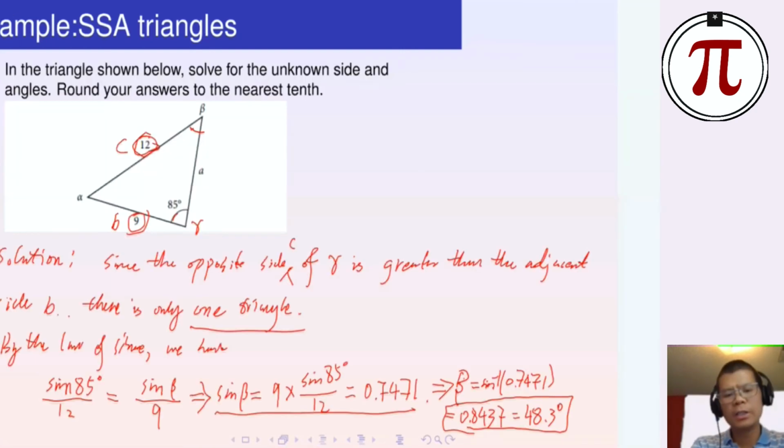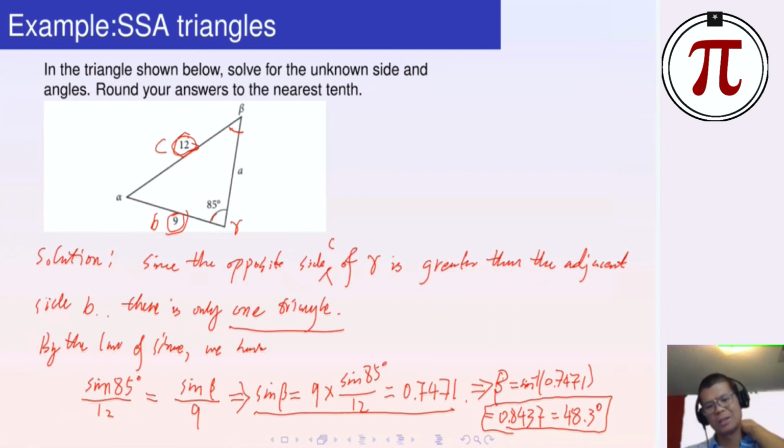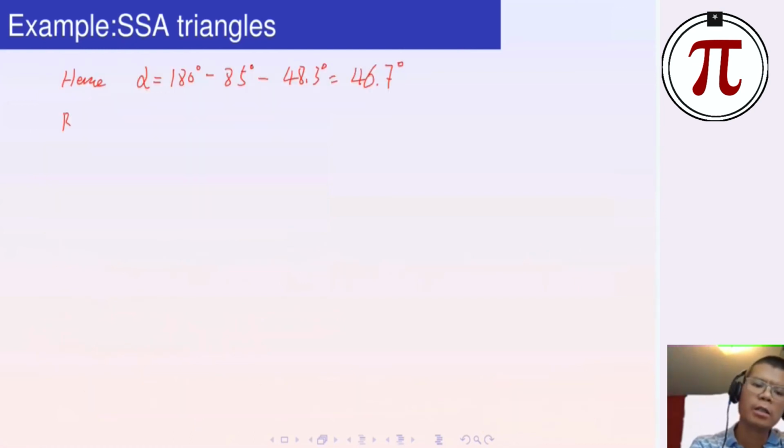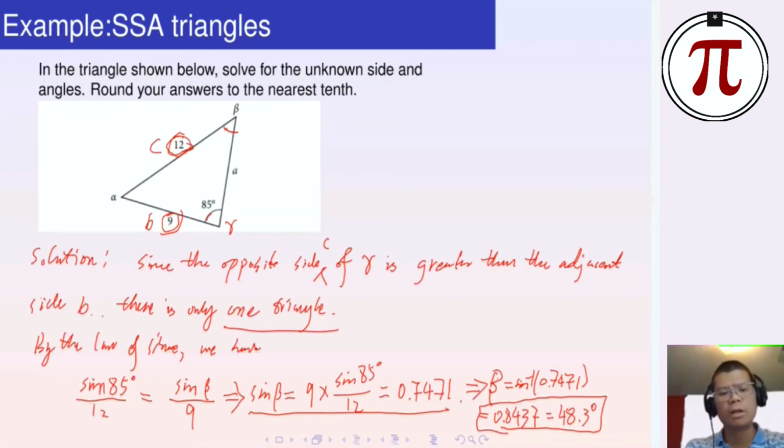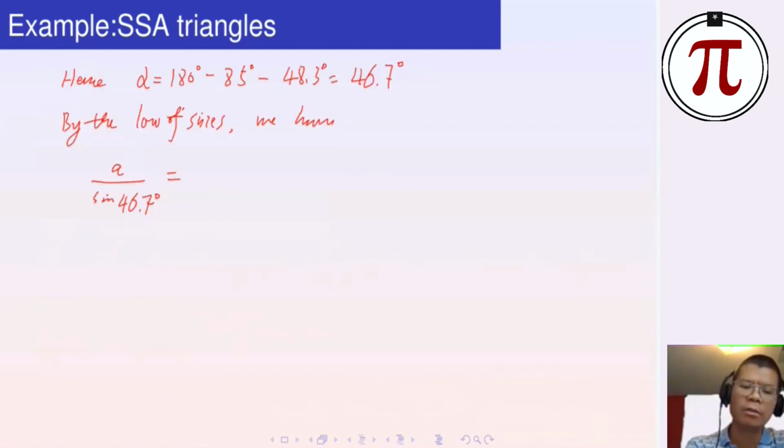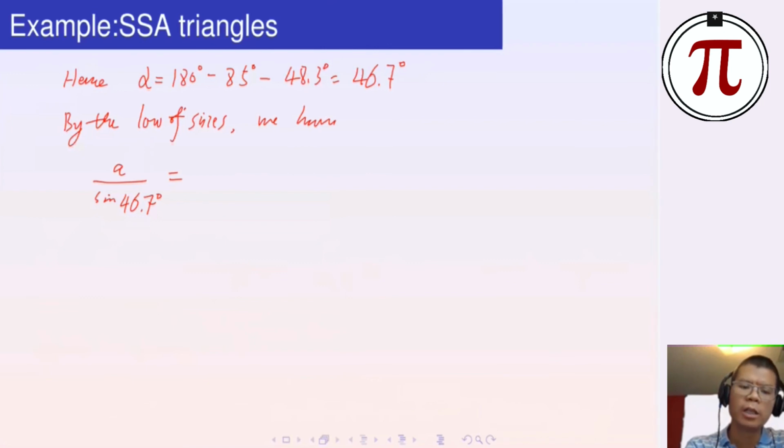Now alpha is known, can we find A using the law of sines? So by the law of sines, we have A over sine 46.7 degrees equals, you can pick any one, say 12 over sine 85, or B over sine beta.